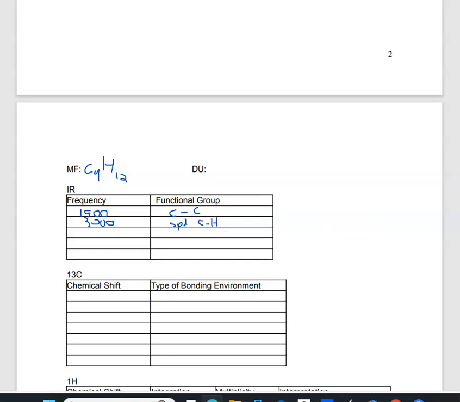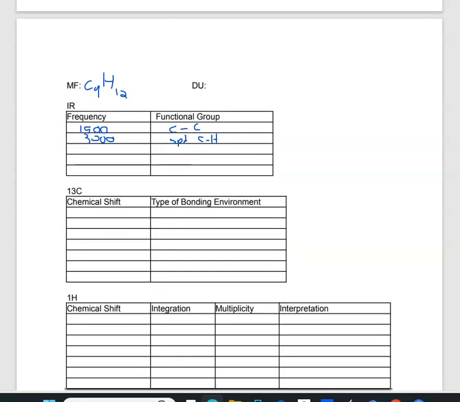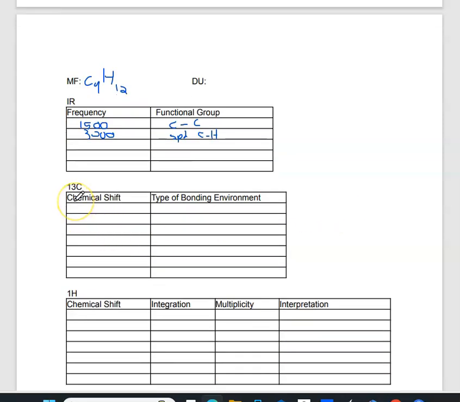So then into the 13C, we have chemical shift of 15, which indicates the sp3 carbon bonding environment.